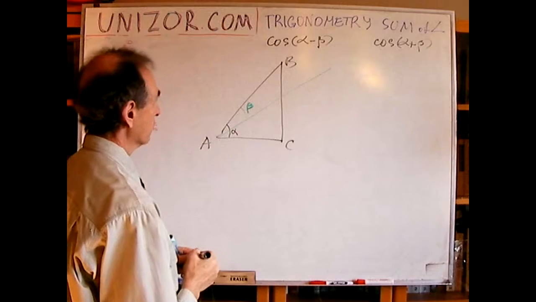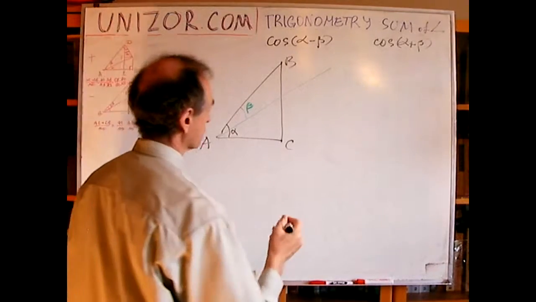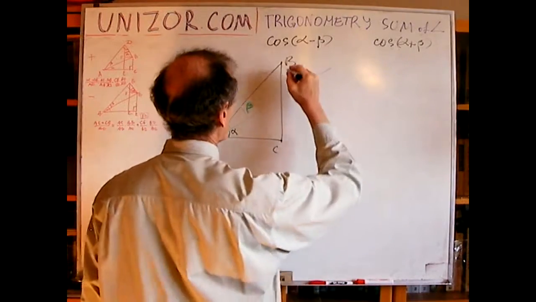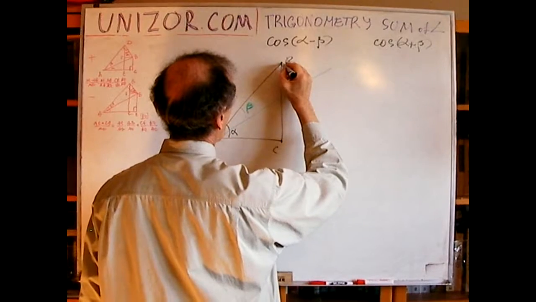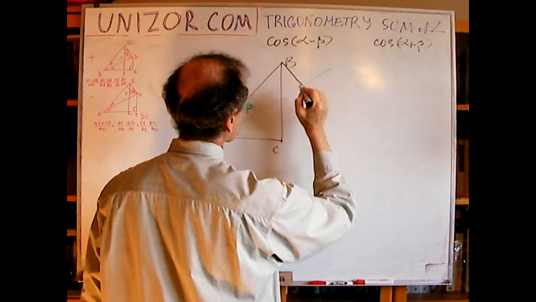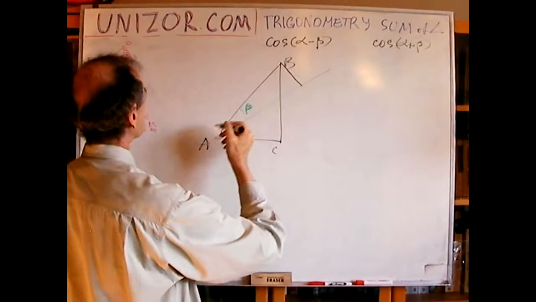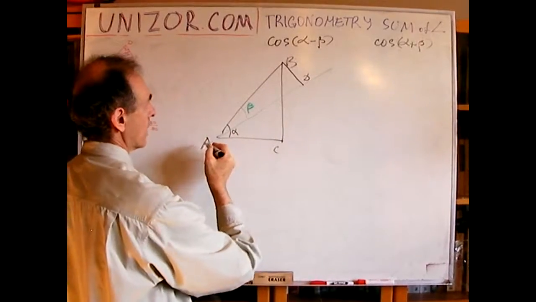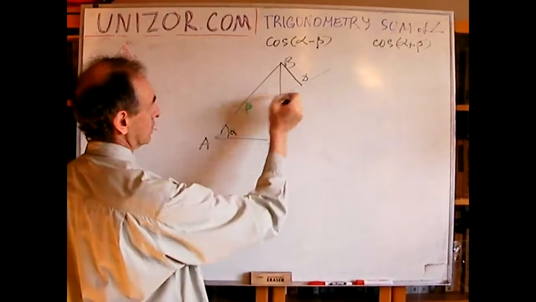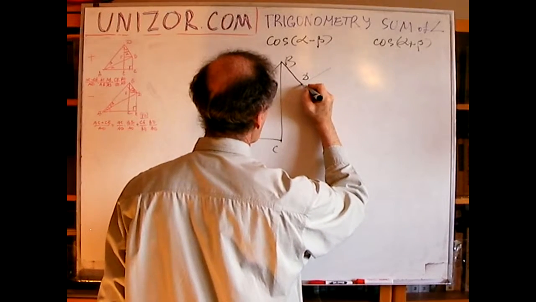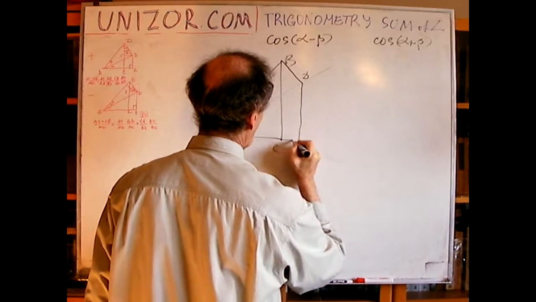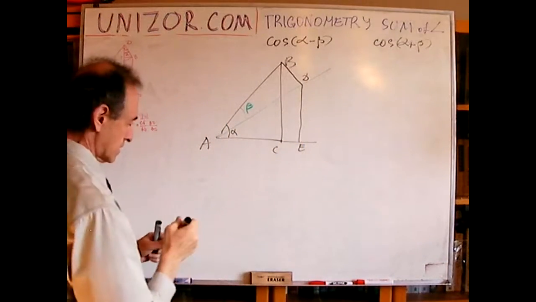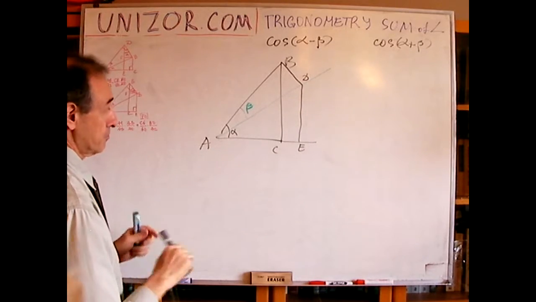Okay, so what I will do right now is I'll do two extra constructions. Number one, I am constructing this line which is perpendicular to AB, and it intersects this particular ray which marks the angle beta at point D. And from D, I drop a perpendicular to AC, which intersects at point E. Basically, that's it.